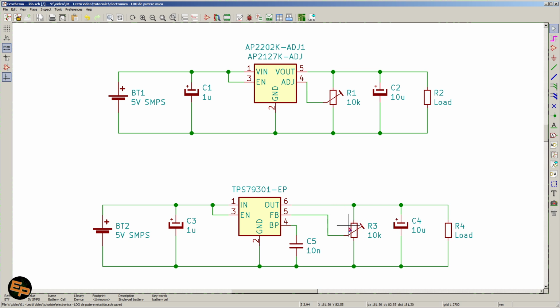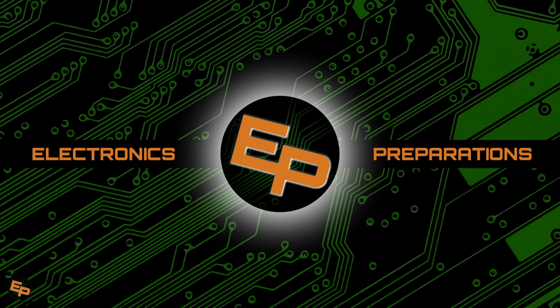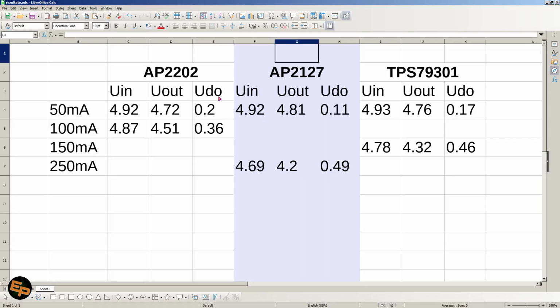I have performed adjustments to see how big the dropout between the input and the output is, in order for me to have a nice smooth voltage on the output. And I have compiled basically a table of results.